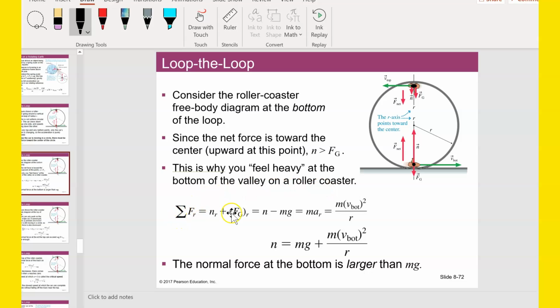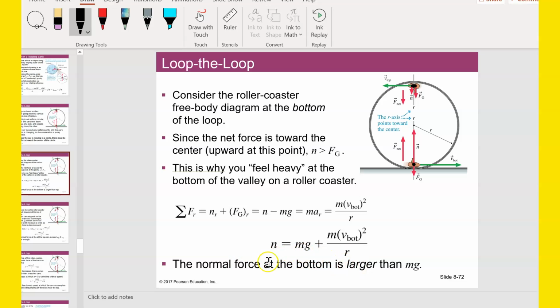The sum of the forces in the r direction is equal to the normal force plus the gravitational force, where the gravitational force is negative, so it's normal force minus mg equals m a sub r. So the normal force is mg plus mv squared over r.